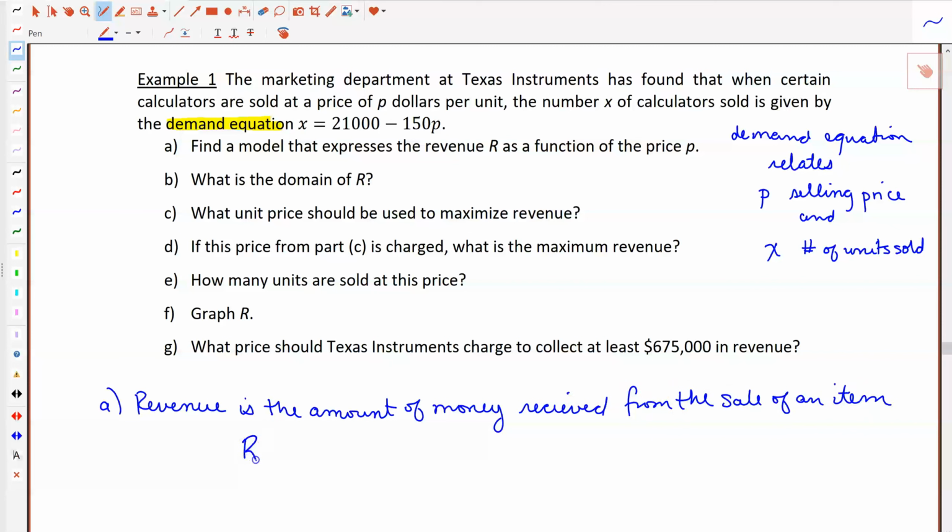And the formula that computes revenue is R equals X times P, where X is the number of units sold and P is the selling price of the item.